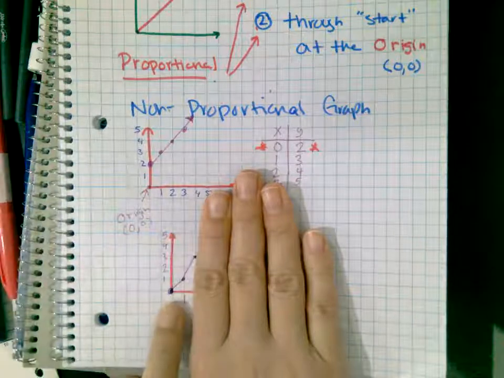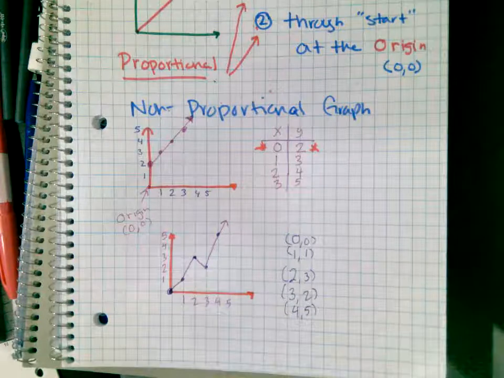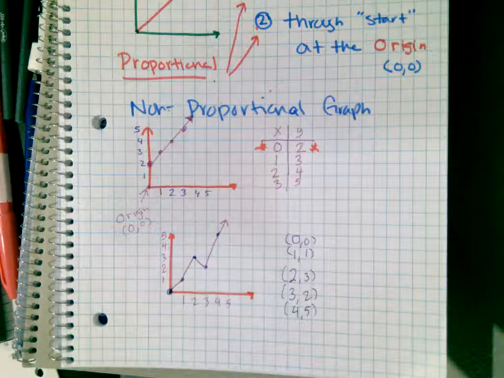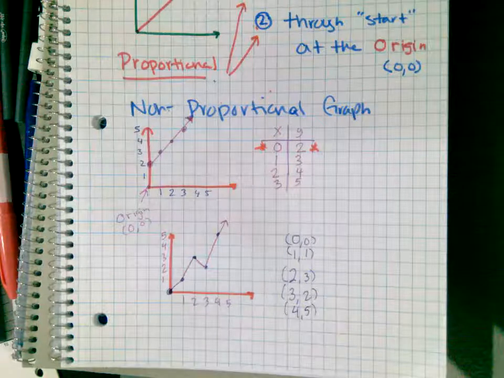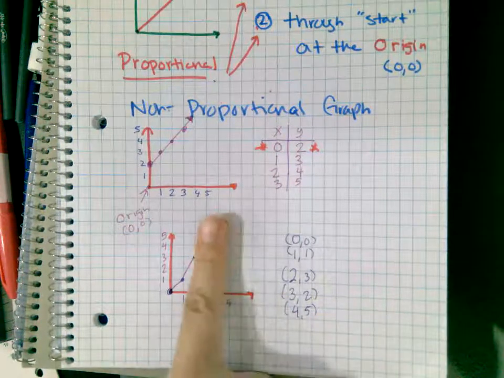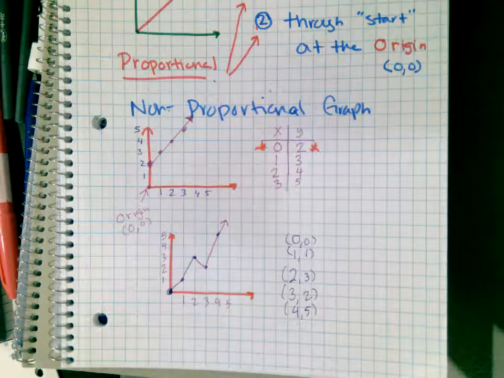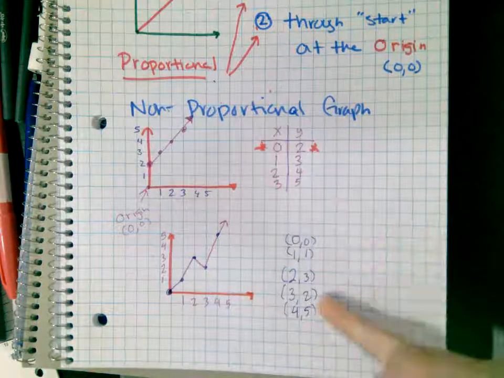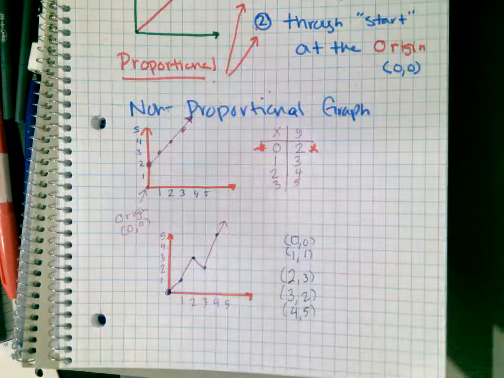It skips over to like, 2 should have been 2, but 2 is 3. So the angle of the line is more steep. Obviously I made it this way so you can clearly see that it's not a straight line. But technically, even right there, it's not a straight line. It's just harder for kids to see it. On the table, you wouldn't go up by the unit rate. The unit rate would keep changing.